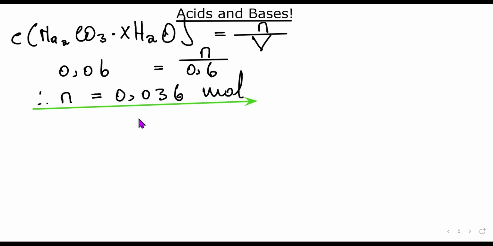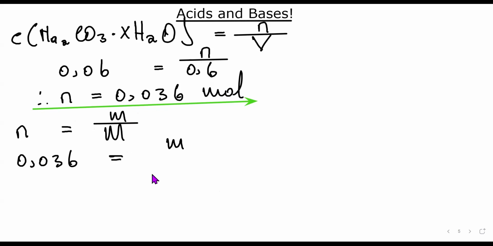Now we know the moles, we also know the mass, so we can easily find the molar mass by using this formula. So we have 0.036. We are not looking for the mass. The mass is given to us. They said it's 6.525.